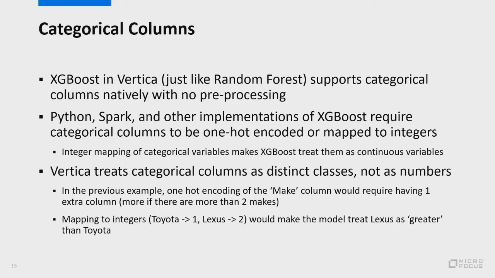But the key point about categorical columns is that they're not as simple to deal with because they're not simply numerical values, which can be compared however you want. And so many other implementations of XGBoost require these categorical columns to be either one-hot encoded or mapped to integers. And there's some problems with these approaches.